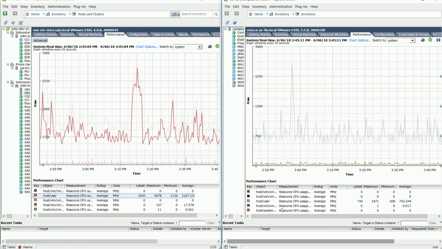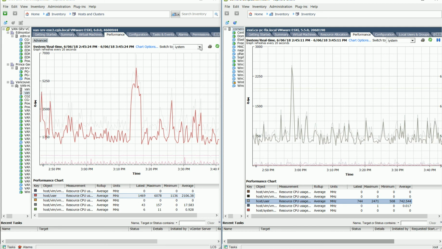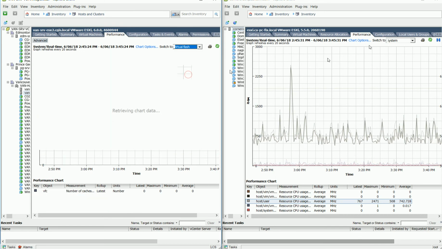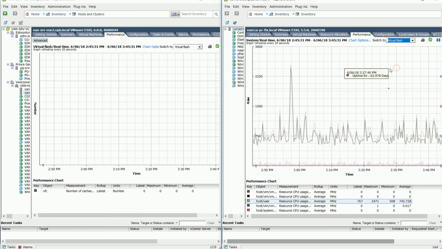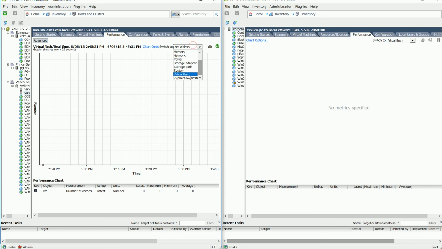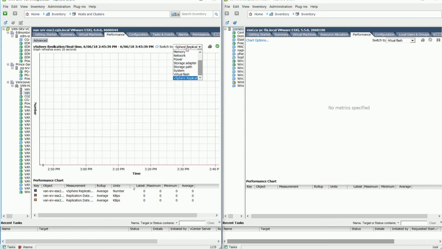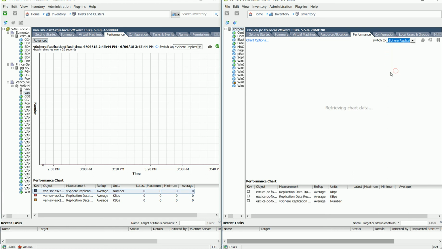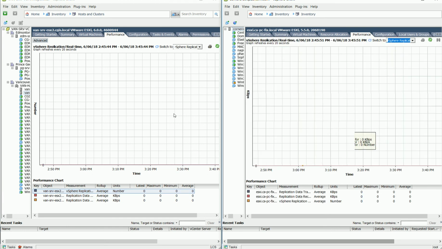We can put out host user. The average is, to me, how busy the server is. Virtual flash, we don't have this. Replicate, nothing here.